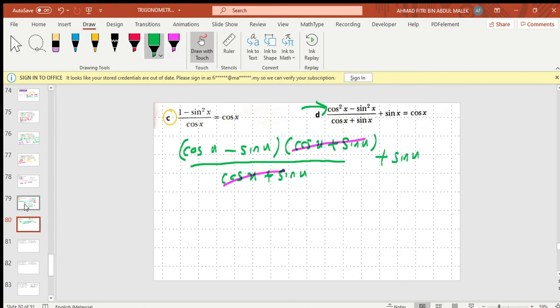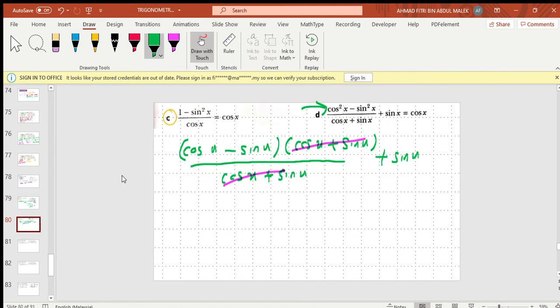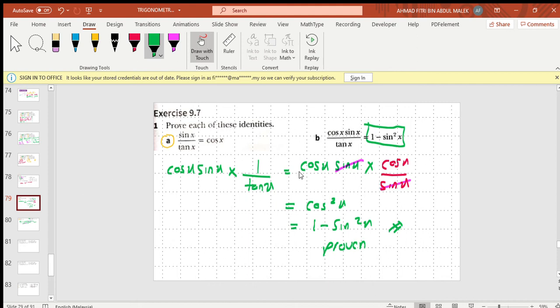Remember, when you do the equation, you know where to go and you know the work can be done. You need to think like playing chess, where you know you have at least one step forward. You know that when you do this, you can cancel off. If not, no need to do that. Same like this part: when you factor, or when you define tangent, you can simplify it.